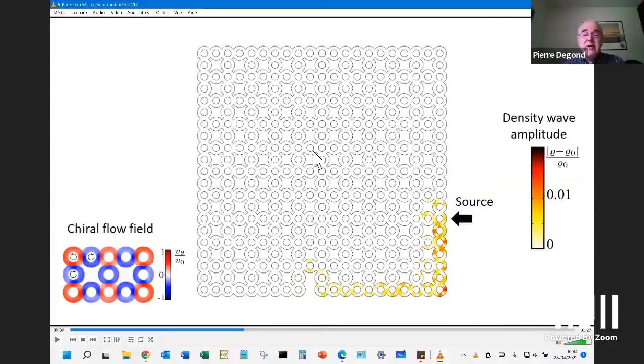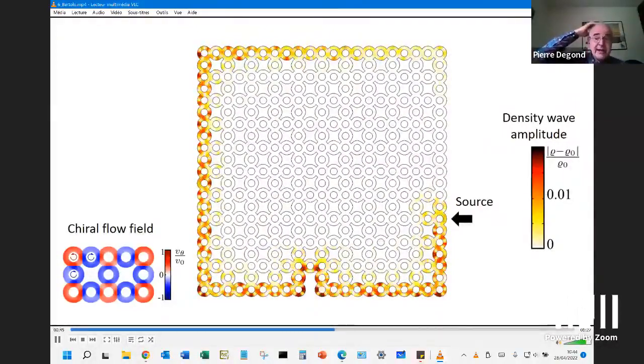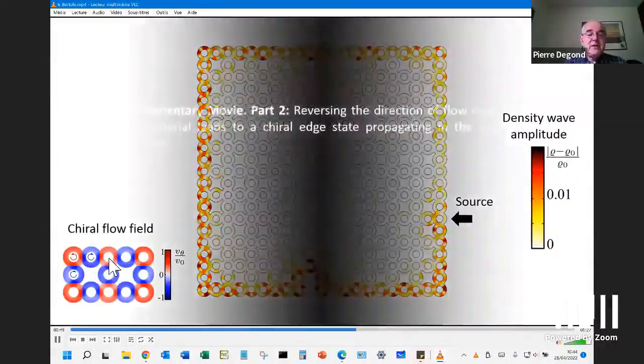You have to imagine that there is a particle flow in all these annuli, and then you perturb this flow by a small source on the side, and you see that this perturbation propagates in one given direction around the edges of the lattice, right? So this is a typical topological state, which is called a chiral edge state, right? This is the background flow field here.